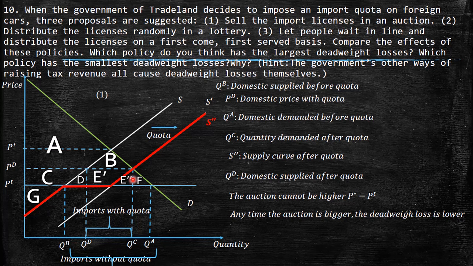Okay, and the third, let people wait in a line, distribute the licenses on a first come first served basis. It's going to be the same, DNF, the deadweight loss, but we have to take into account the opportunity cost.